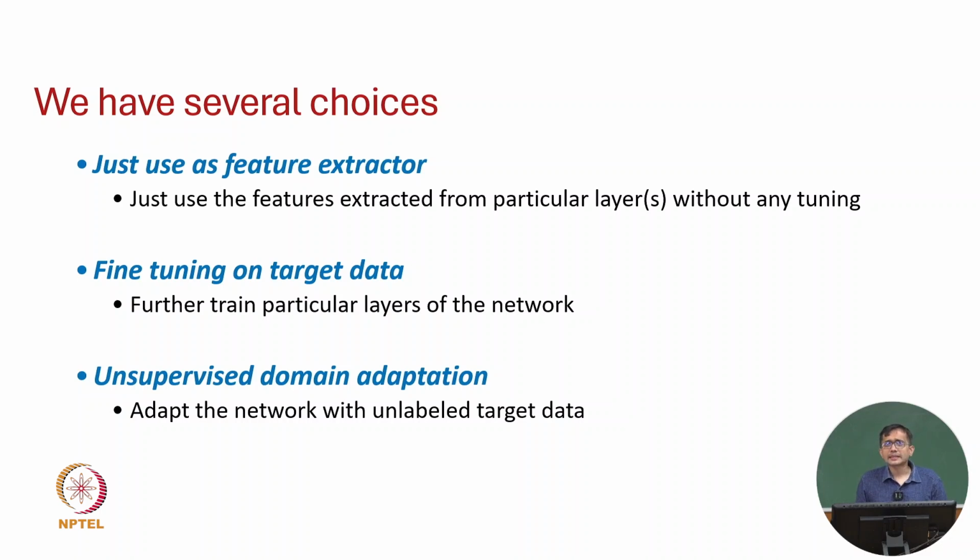The next choice that we have is fine tuning on the target data. That is, further train particular layers of the network. And the third choice is unsupervised domain adaptation.